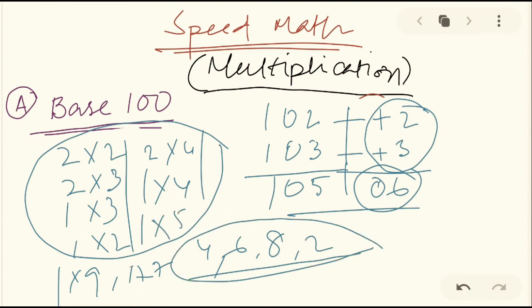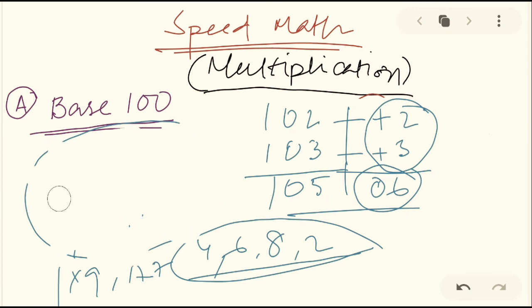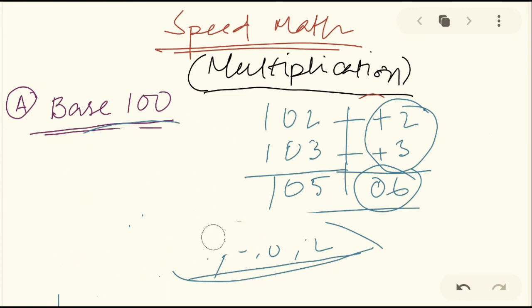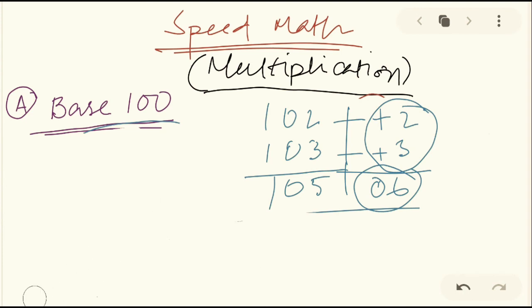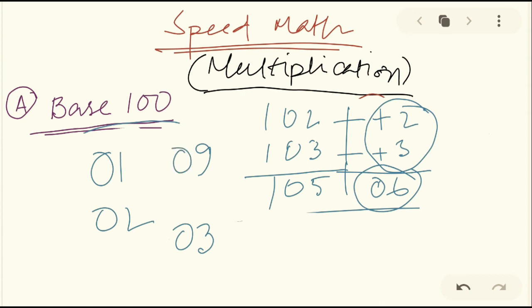If only a single digit comes on the right-hand side, we'll make it a 2-digit number by putting a 0 before it. That is, if the multiplied value comes 1, we'll make it 01. If it is 2, we'll make it 02. If it's 3, 03. If it is 9, that is 3 cross 3, we'll make it 09. So our value will be 10506. This is our answer.